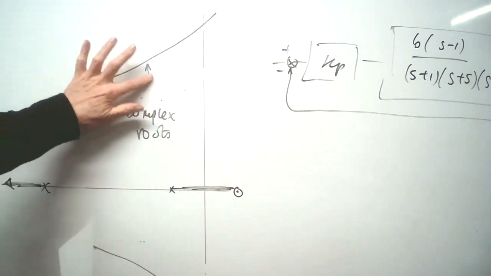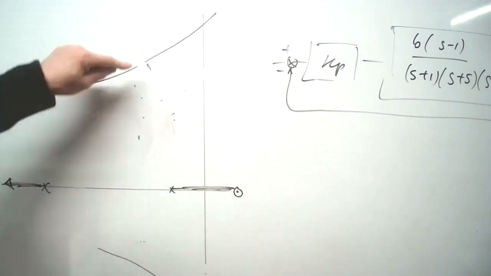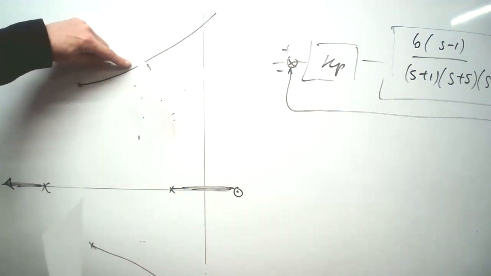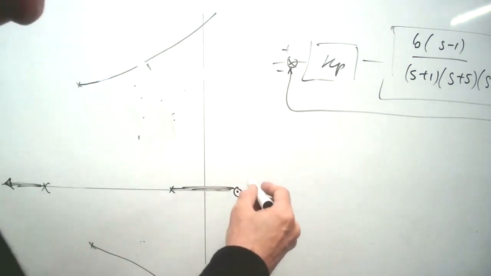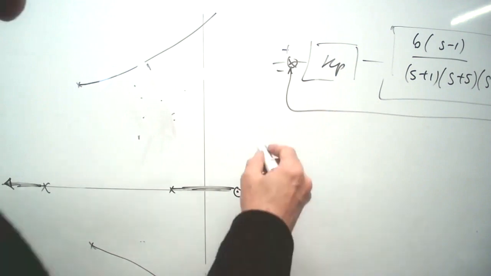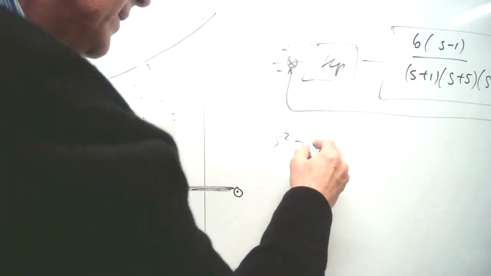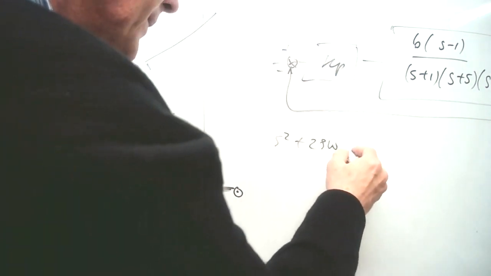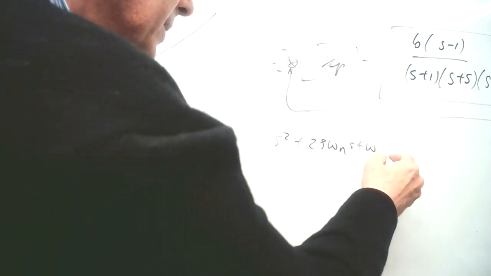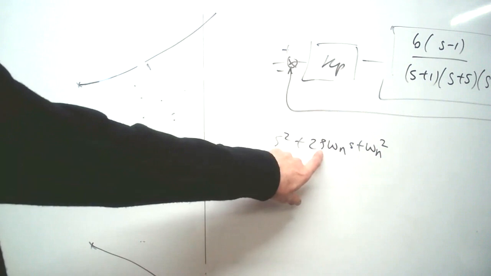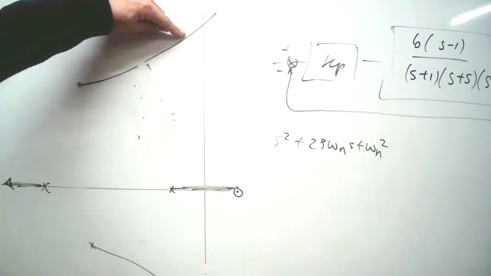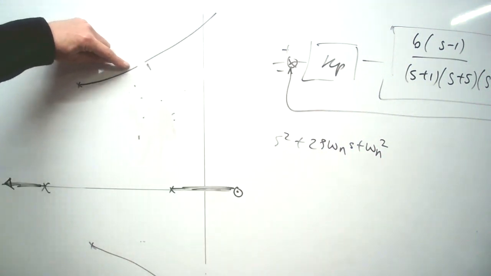And as you go along this line, the dominant complex roots will have a different damping ratio. Remember the equation for second order systems: s squared plus 2 zeta omega n s plus omega n squared, going back to our second order system work. And here's the damping ratio. As we go along here, the damping ratio changes.